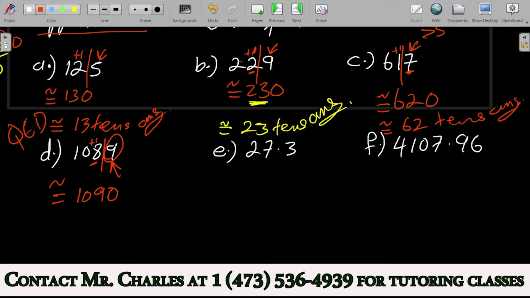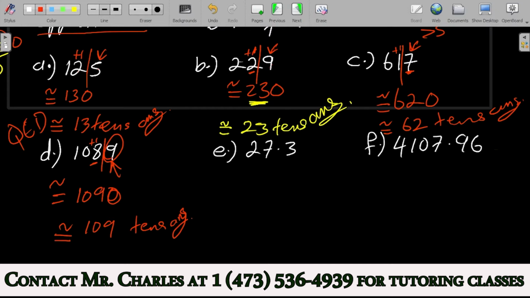If the 9 had come after, or to the right of, a decimal point, we would have had to drop it, but since it's part of the whole number, we have to convert it to a 0. So we get approximately 1090. And how many tens are there in 1090? Well, if you divide 1090 by 10, you would get 109. So there are approximately 109 tens in 1089. Okay, so that's our answer there.